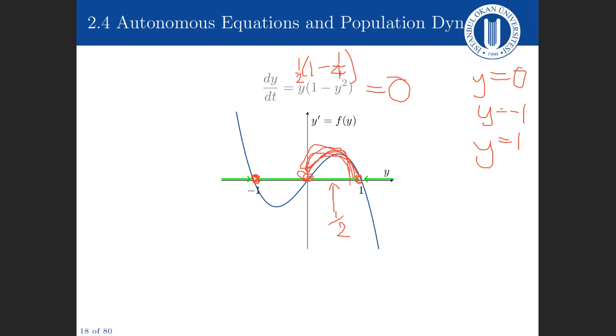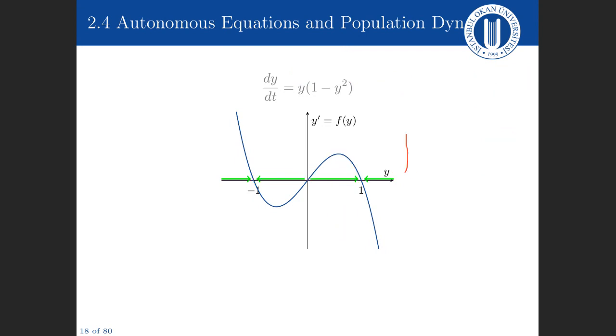We can, for example, look at 2. Put in 2 and then 1 minus 4. This is a negative number, so this part of the graph must be negative. We don't need the exact shape of the graph, we just need to know where the graph is positive and where it is negative.